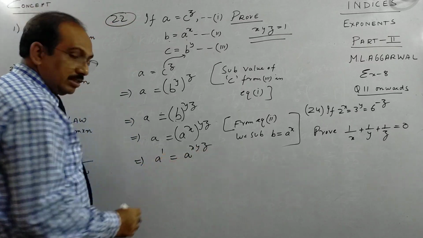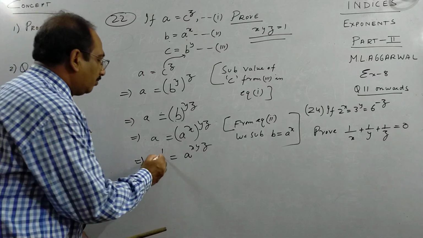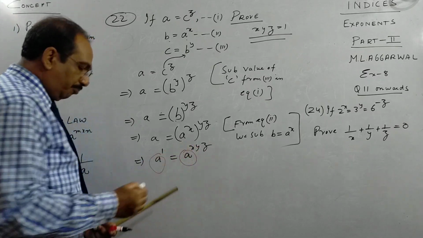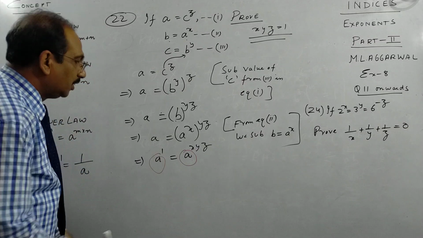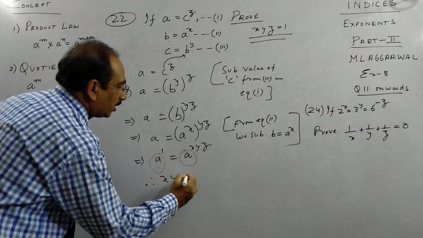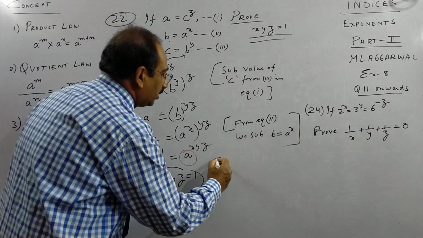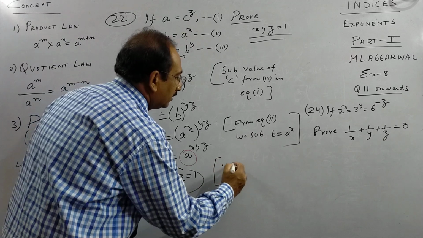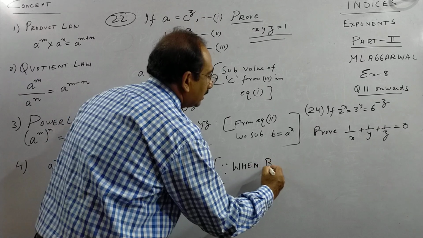So when bases are equal, then powers are equal. So see here, bases are equal, so xyz, therefore you can write is 1. This is what I had to prove. So one small thing you can write, since when bases are equal, then powers are equal.